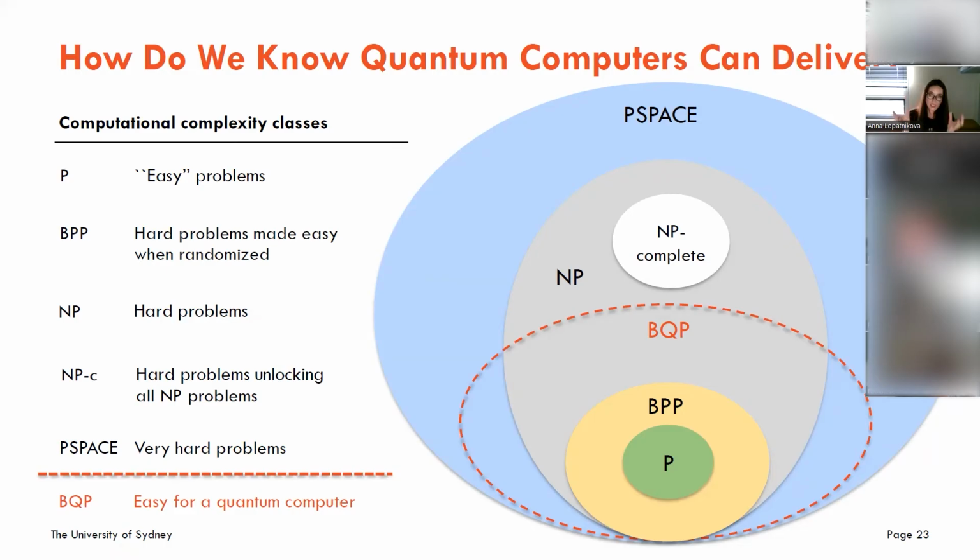BPP is the next class, the next easiest class for classical computers, where these are hard problems for classical computers, but they can be made relatively easy by using randomized algorithms. Now, the complexity class for quantum computers is BQP. So BQP is the complexity class of problems that are easy for a quantum computer. And you can see that the class of randomized algorithms is actually quite a bit smaller than the class of problems that are solved by quantum computer algorithms. So you can't de-randomize all problems that are solvable by a quantum computer.